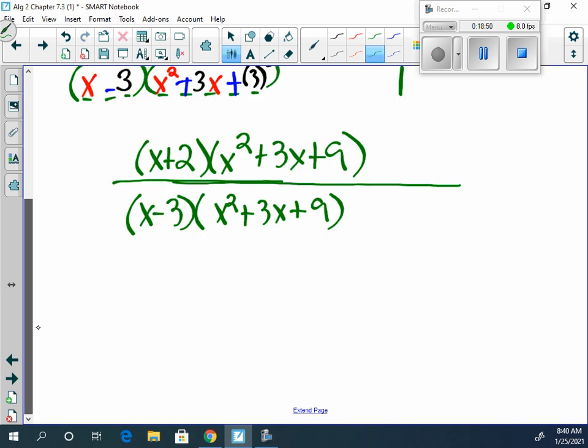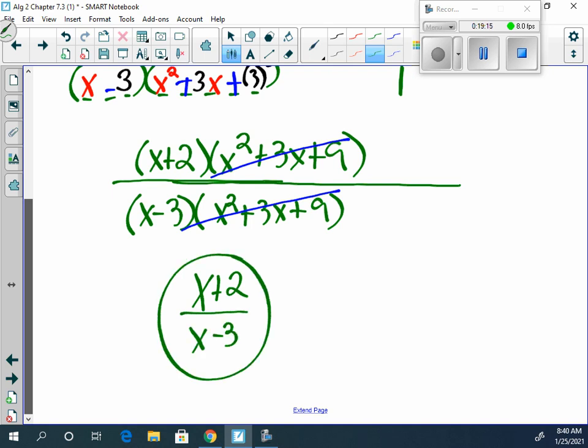So we did 2 steps because we factored the difference of perfect cubes, and we wrote it all as one fraction. What's in common on top and bottom? Which just leaves us with x plus 2 over x minus 3.